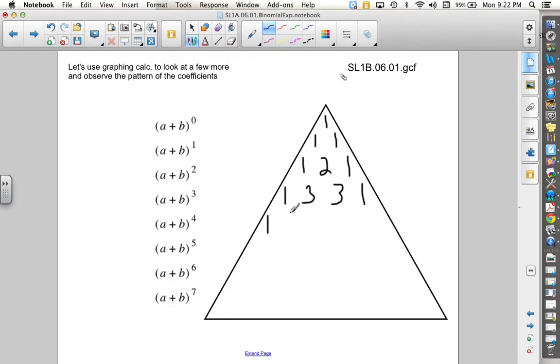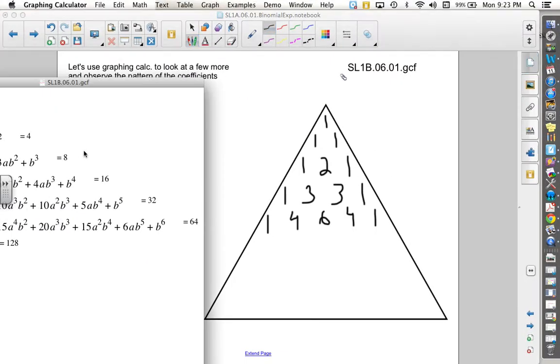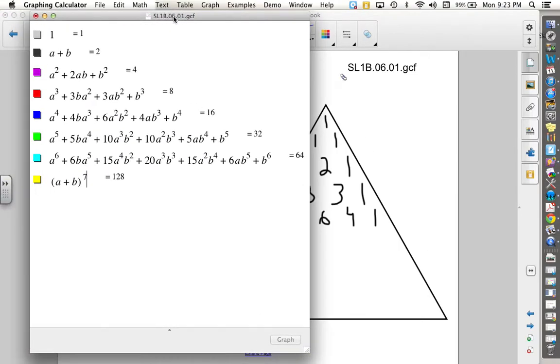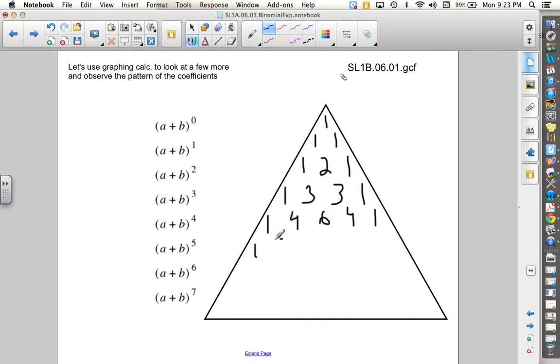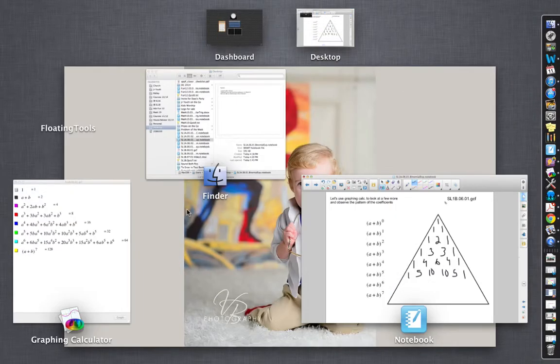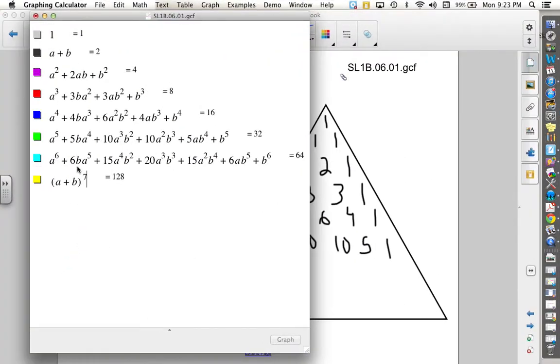Then here we had 1, 4, 6, 4, and 1. If we look back, what did we get for 5? We have 1, 5, 10, 10, 5, 1. And let's look at the 6. We get 1, 6, 15, 20, 15, 6, 1.